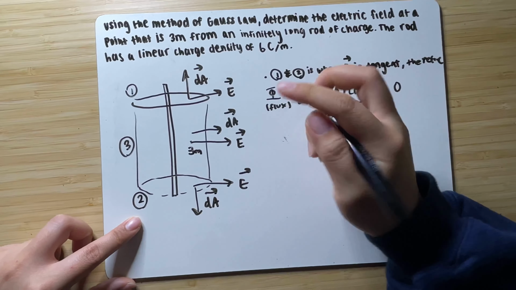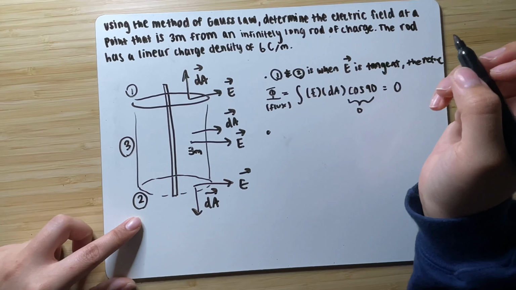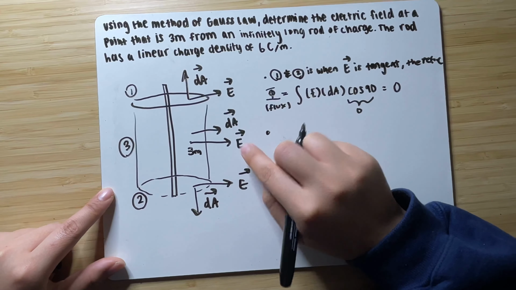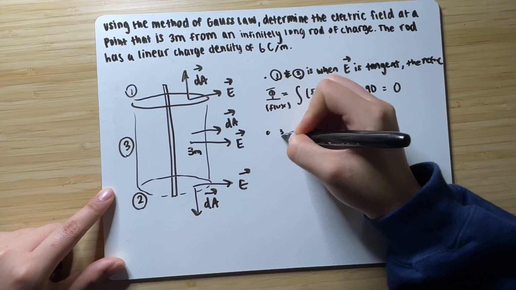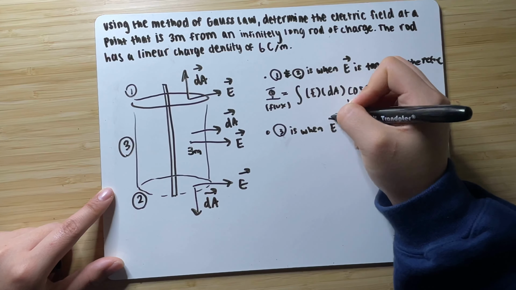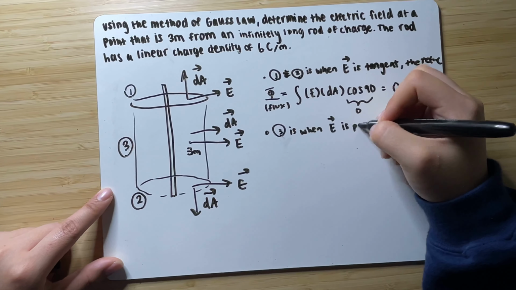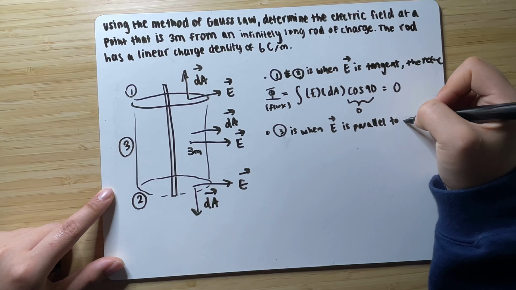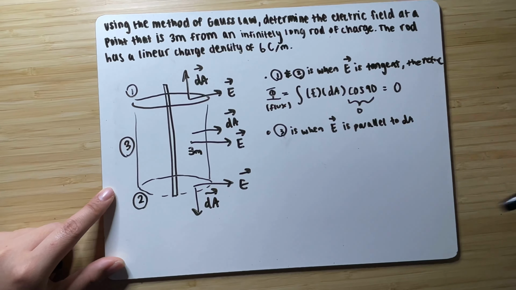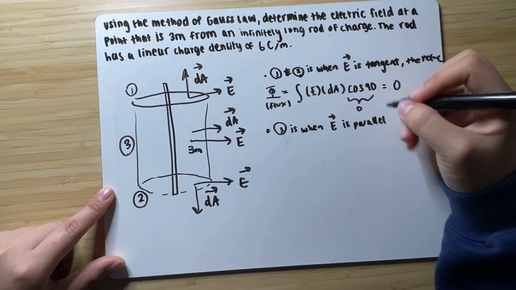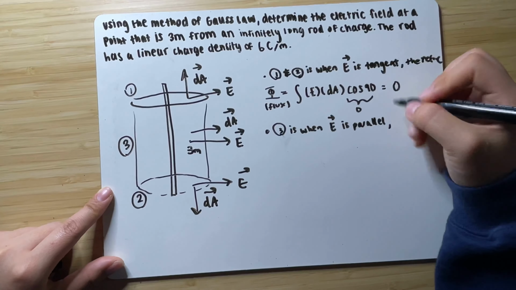Now, the second thing that we can recognize is that E here, at point 3, is parallel to dA. So point 3 is when E is parallel to dA, which I don't have to write out because it is just to keep it consistent with this.